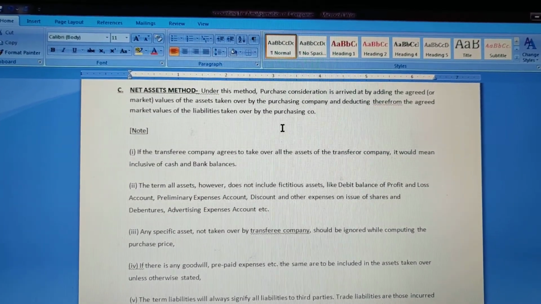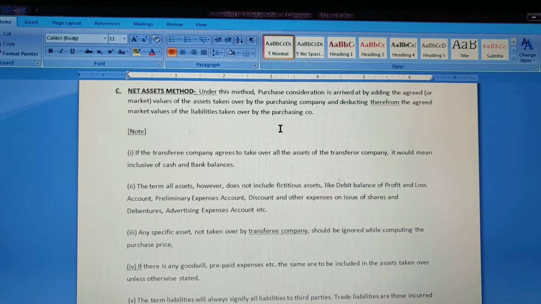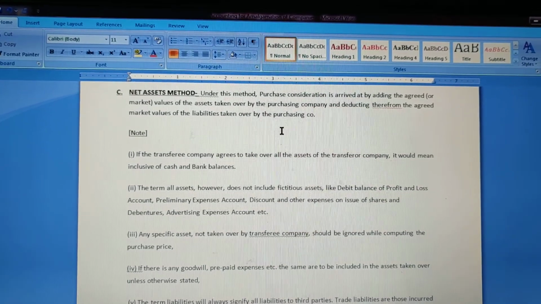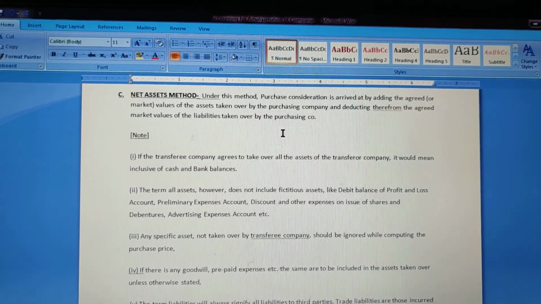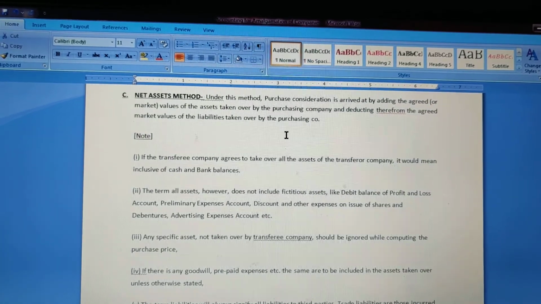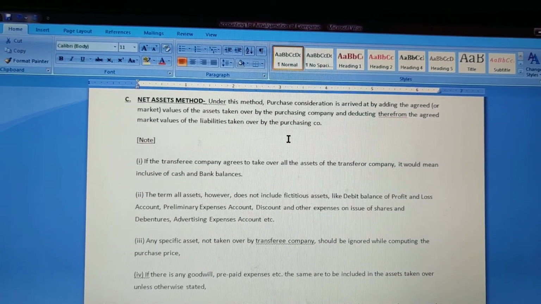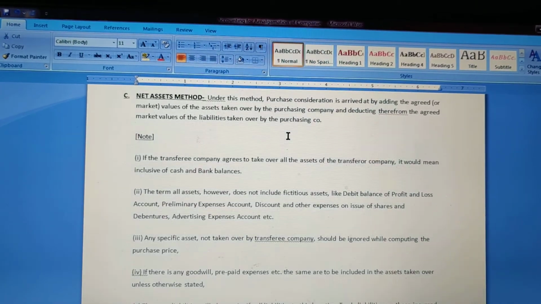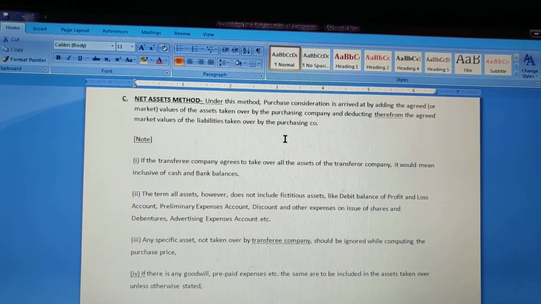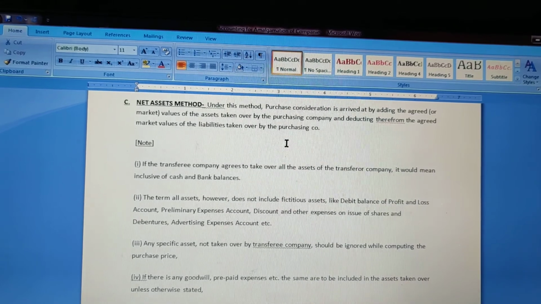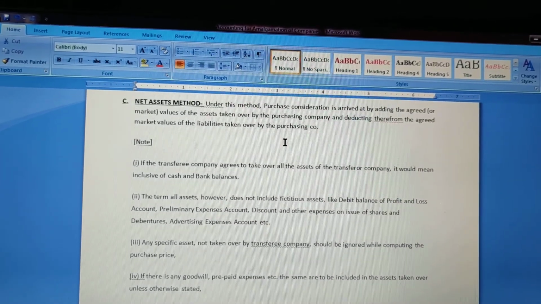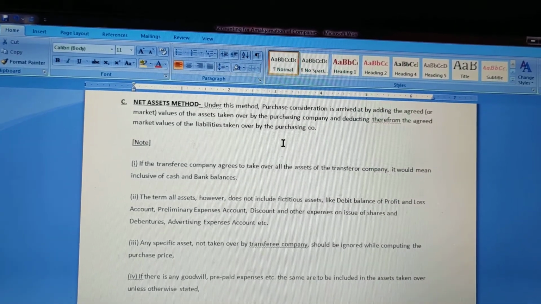See, here you have to calculate your purchase consideration by adding all the assets taken over by the purchasing company, and the value you have to add is the agreed value. Okay, if the agreed value is given in the question in the additional information, you have to take that agreed value.